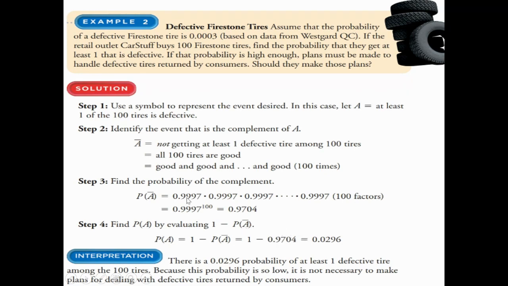So taking 0.9997 and multiplying it by itself 100 times is like taking that number, raising it to the 100th power, but remembering now I've got to subtract from 1. And if you see a problem like this on the exam, this answer will probably be A, and people fall for that, not remembering that they had to take this and subtract it from 1 to get the complement.